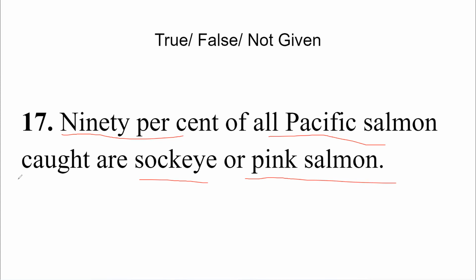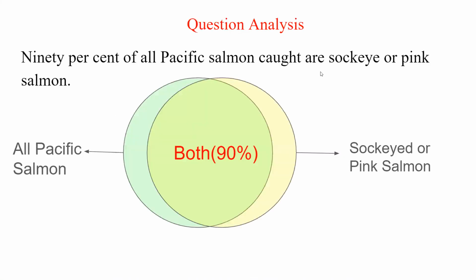Let's read the paragraph of this. So let's understand the question in depth as to what they told us. They said 90% of all Pacific salmon caught are sockeye or pink salmon.